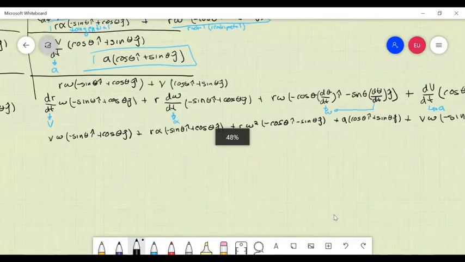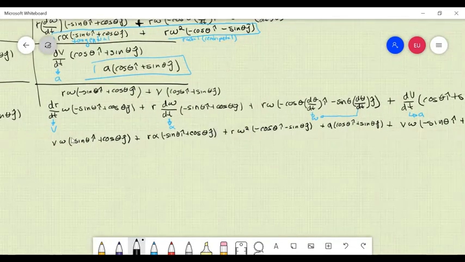There are some terms that are common. You see, I have this linear velocity omega with minus sine and cosine 2 times, you see? So those two can get together. Let's simplify them.